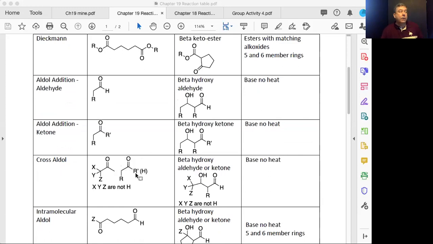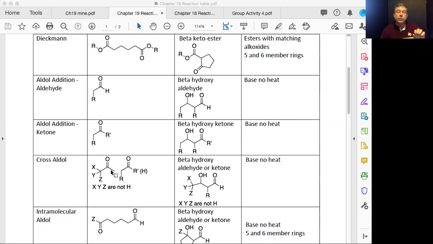You know, if you started with a ketone on this enolate with your hydrogens here, then you're going to have a ketone in your product. If you started with an aldehyde where you made your enolate, you'll have an aldehyde in your product. Okay, so you can be very careful about how you do things. In addition, this is also the one where you can actually displace a chloride on here.